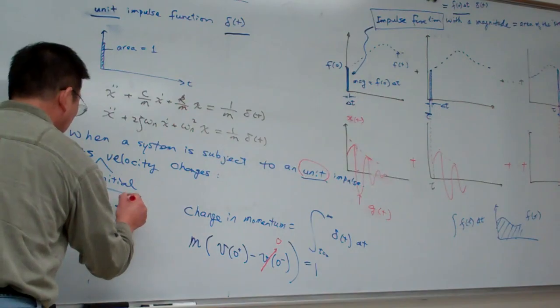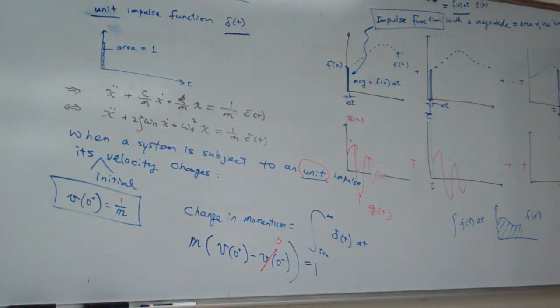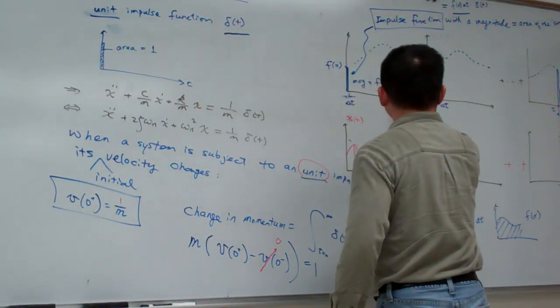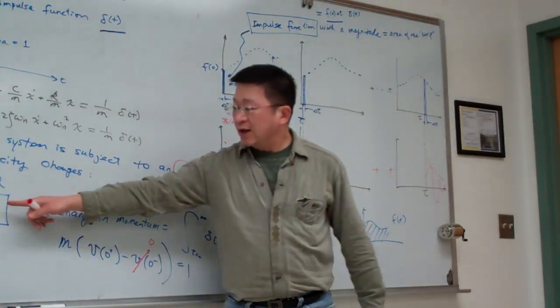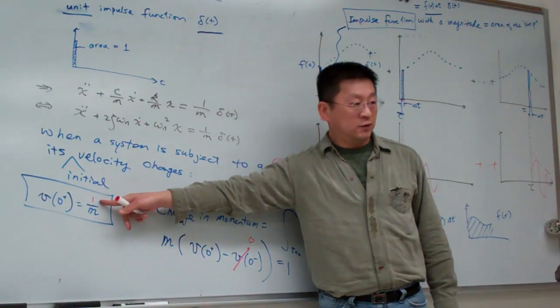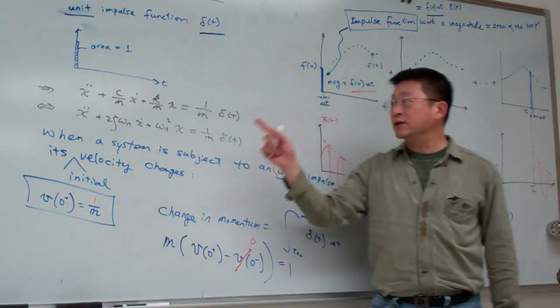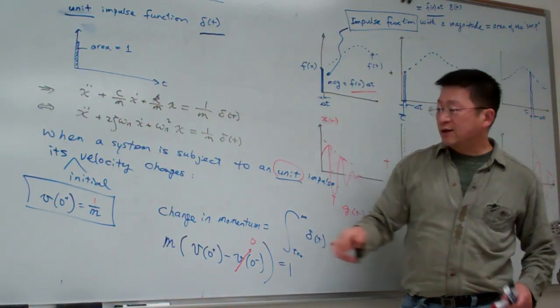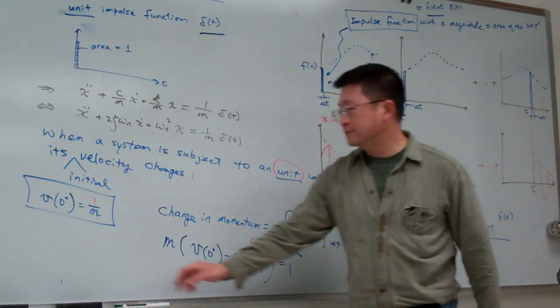If the impulse is not unit, for example, if we have some magnitude, you simply scale this number with whatever magnitude you are dealing with. Right now, let us deal with the unit impulse.